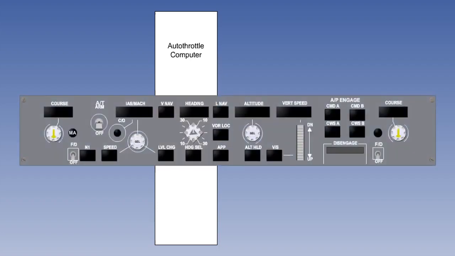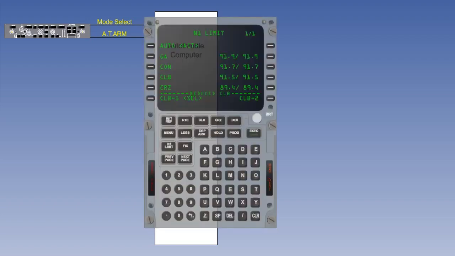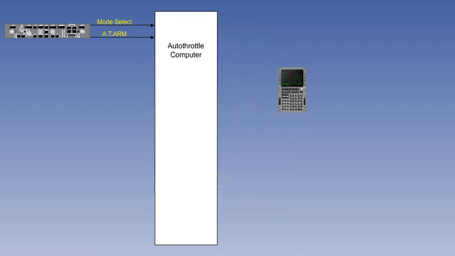You will now be shown the components in a typical autothrottle system, starting with the heart of the system, the autothrottle computer. The autothrottle computer has the following inputs: pilot inputs from the mode control panel, including arming the autothrottle and selecting the modes of operation, and the flight management system, or FMS.